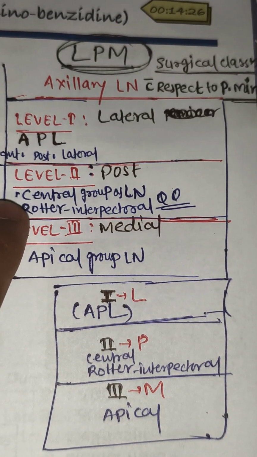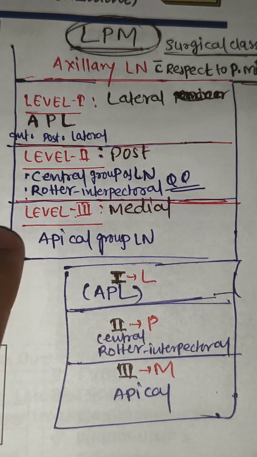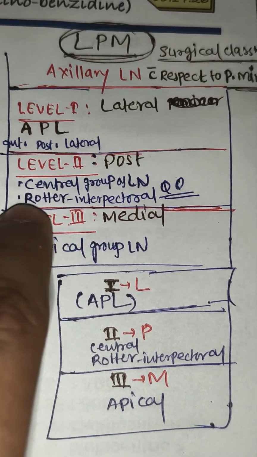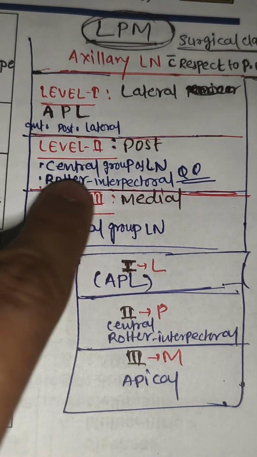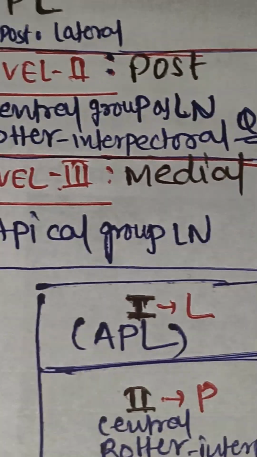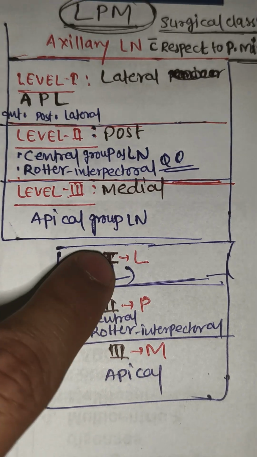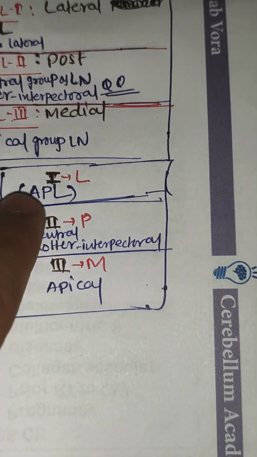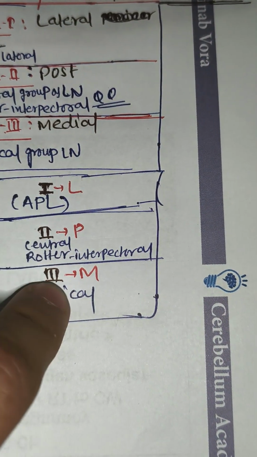And in level 2, the central group of lymph nodes or Rotter's interpectoral lymph nodes. This is very important, because it is different from the others. And in level 3, apical lymph nodes. So quickly we can revise: level 1, level 2, level 3 with respect to pectoralis minor, LPM.